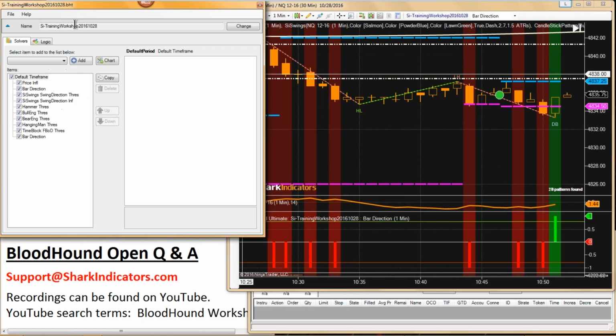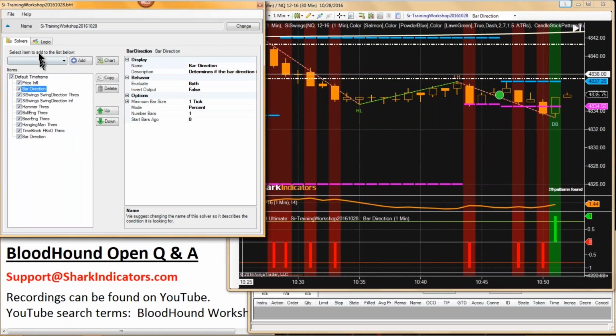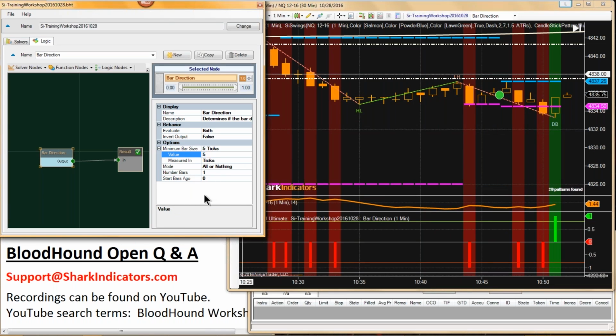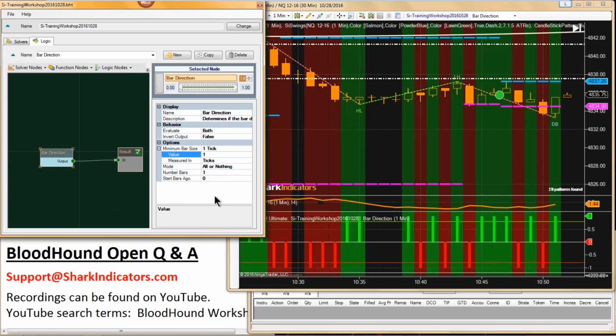All right. So there's a little bit of flexibility here with looking for bodies of certain sizes if you want. I'll just reset that back to 1. And then if you want, you can look for a certain number of bars in a row.